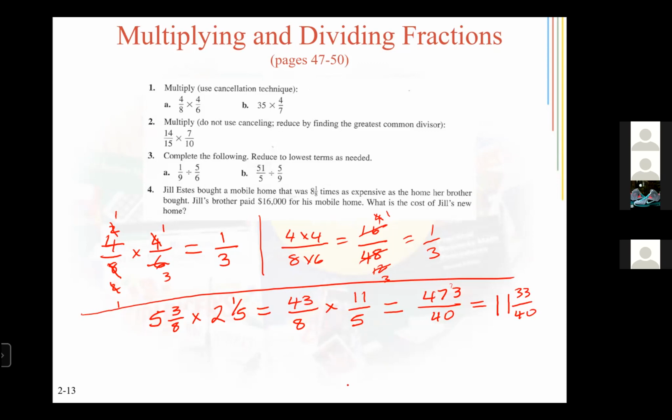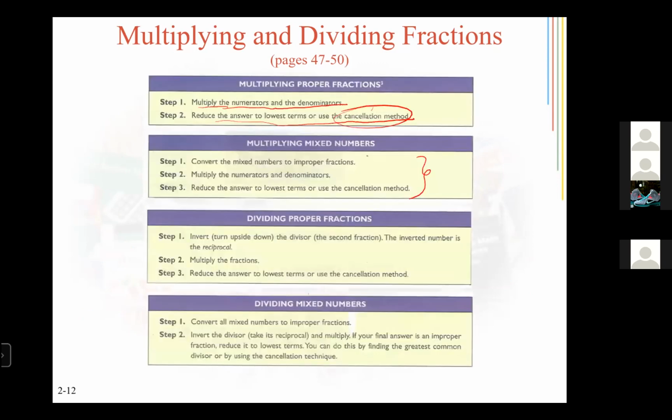Now look at what they say for division. There's some similarity with multiplication, but there's something you need to do when it's time to divide fractions. What is that first step? Step 1 right here: turn upside down the divisor, invert.